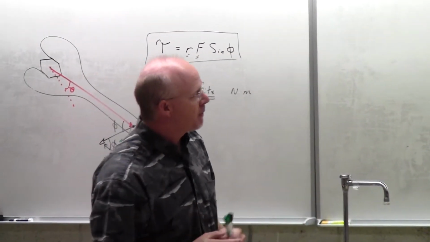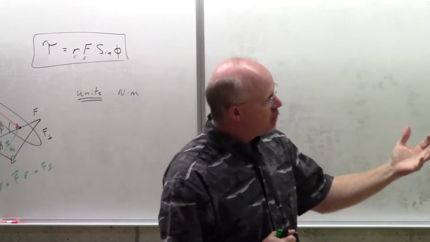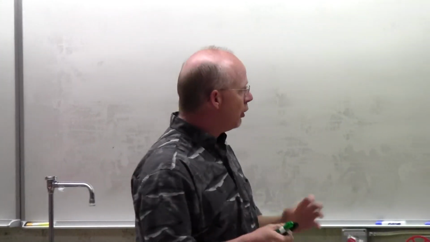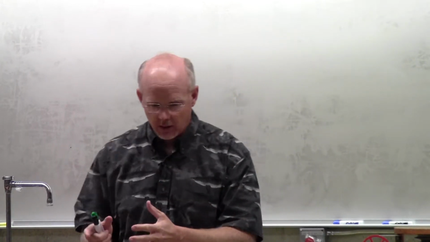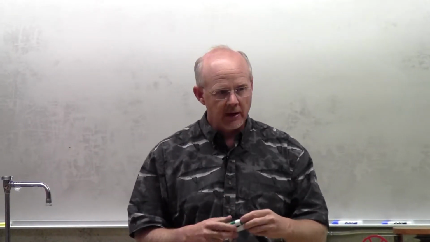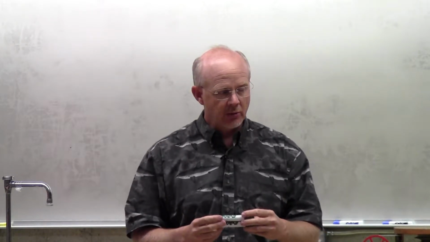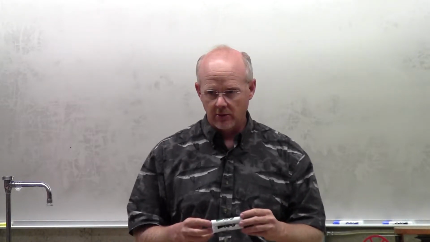In fact, many of you have probably come into this class using wrenches and tightening bolts, but you probably did it in the English system. In the English system, what do we use for the units of torque? Foot-pounds, right? So in the English system, what do they use for energy?